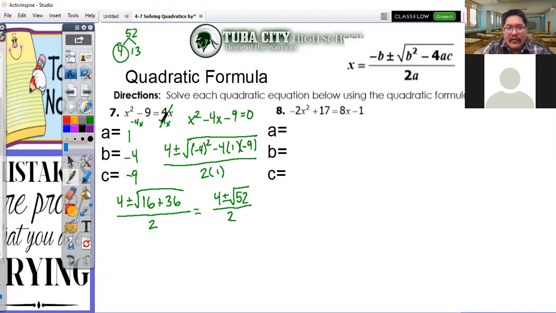which means that 4 is the number that I'm going to take out. So 4, just to remind you what that looked like. That means 4 times 13.